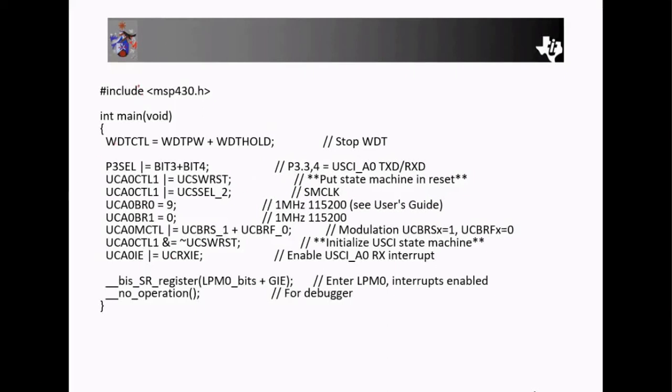So first, the program is written in CCS software. First, this is the header file: include msp430.h. Int main void, all of you know. Now you can see that the first line itself is WDTCTL.